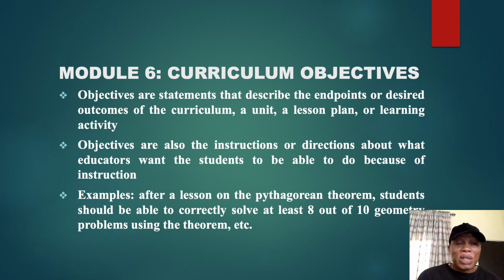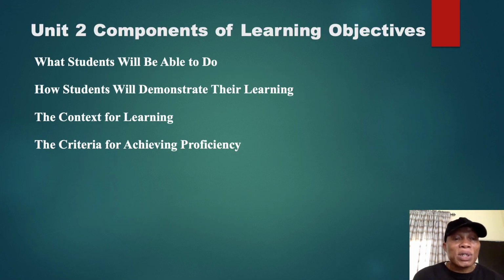We now go to the second unit, which is components of learning objectives. What are the components of learning objectives? High quality learning objectives include 4 elements. What are they? The first one is what the student will be able to do. I said it the other time.